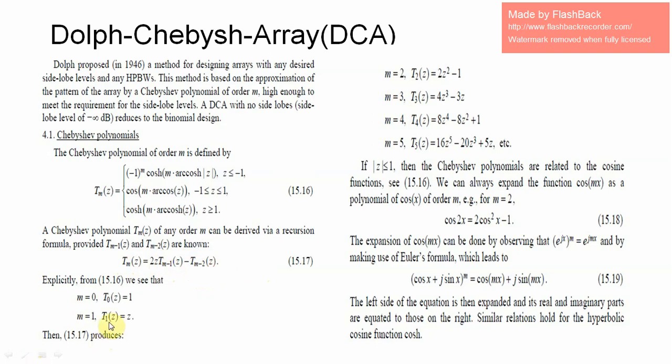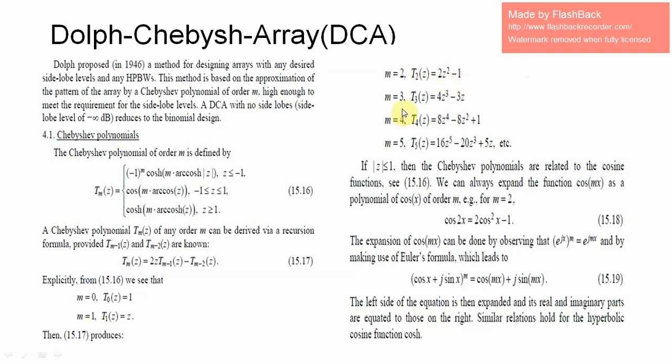We know that T1 of z is equal to z and T0 of z is equal to 1, so we substitute those values here. 2z into z gives 2z square, and from that equation we get 2z square minus 1.